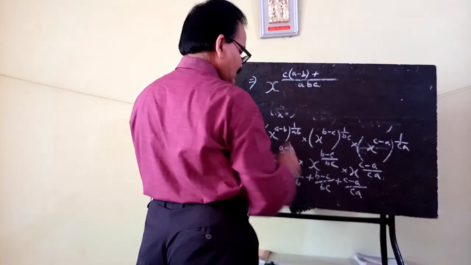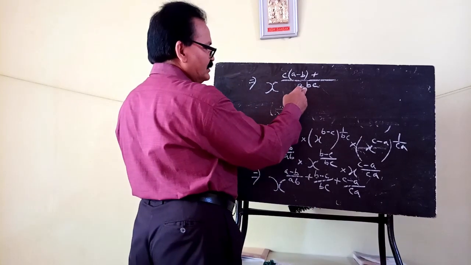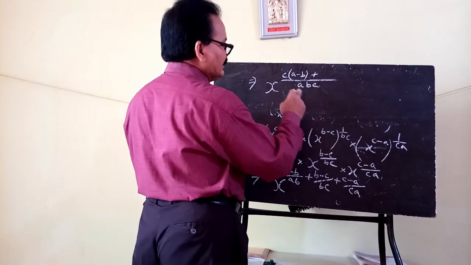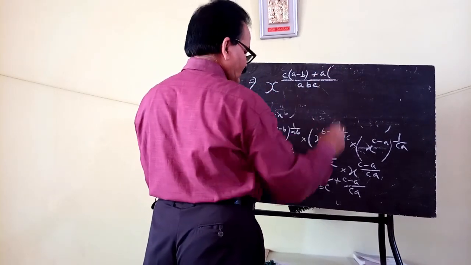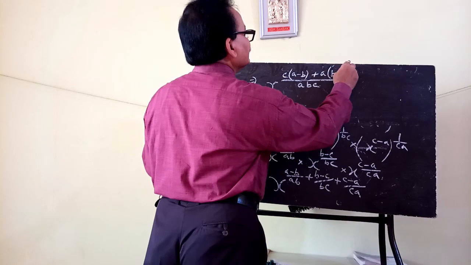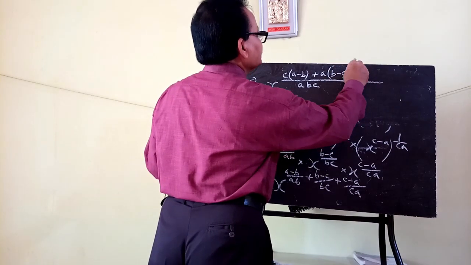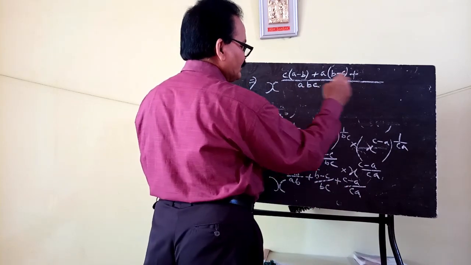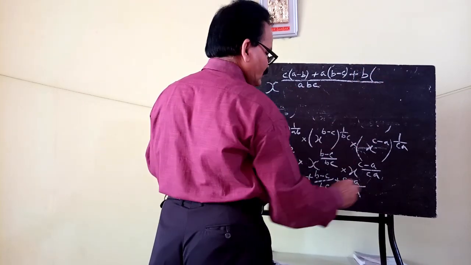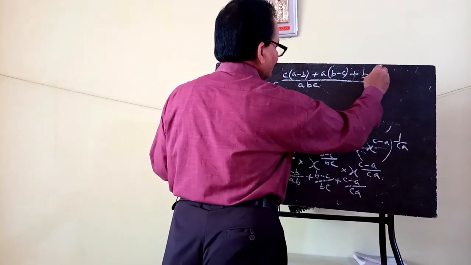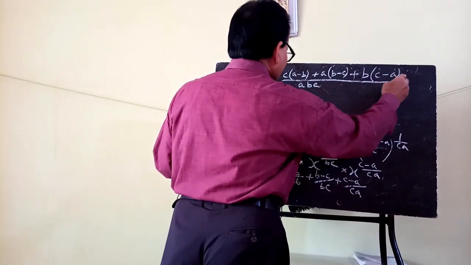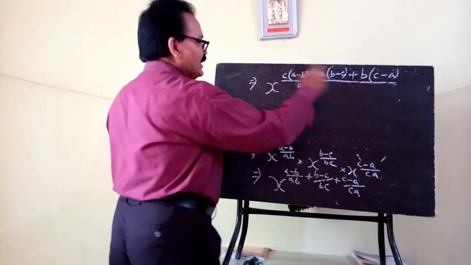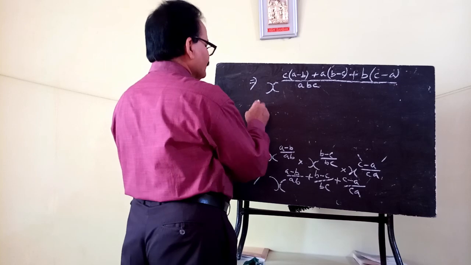Plus here bc: when the LCM is divided by bc, a will remain, so a into (b minus c). Then plus ca: when divided by ca, b will remain, so b into (c minus a). Okay, clear?